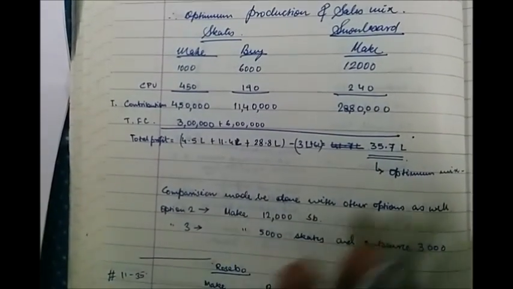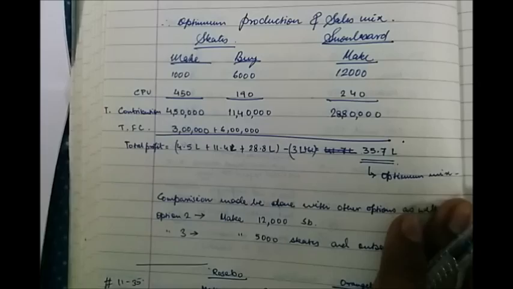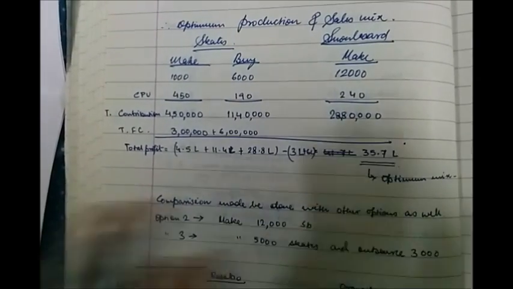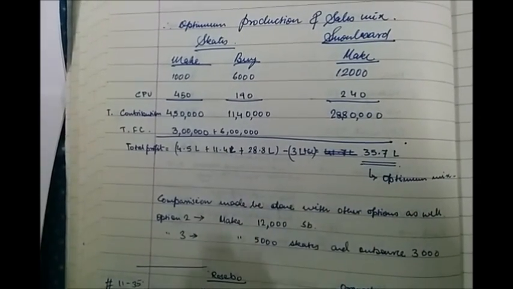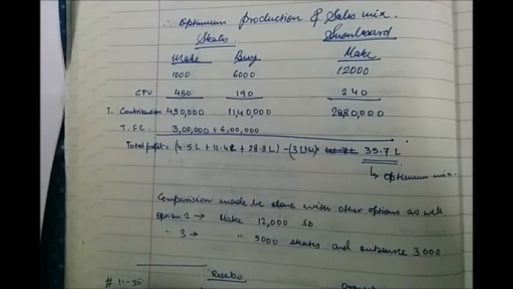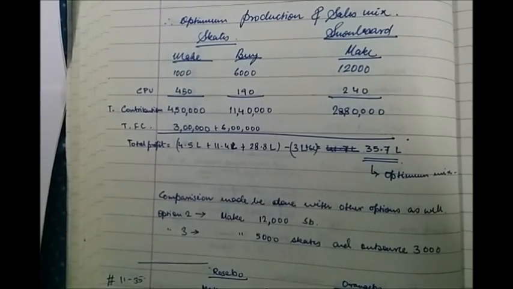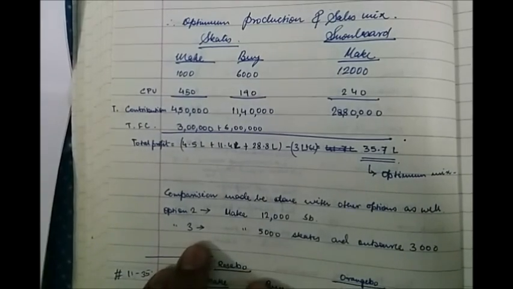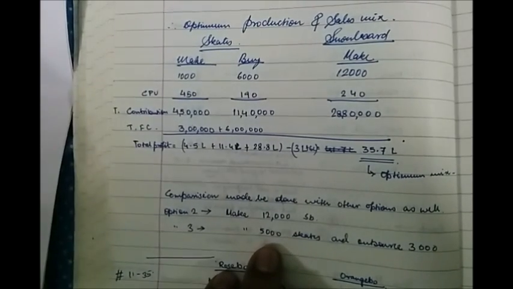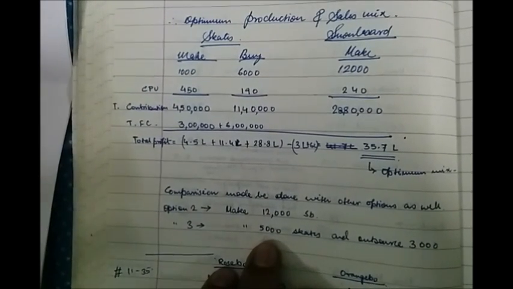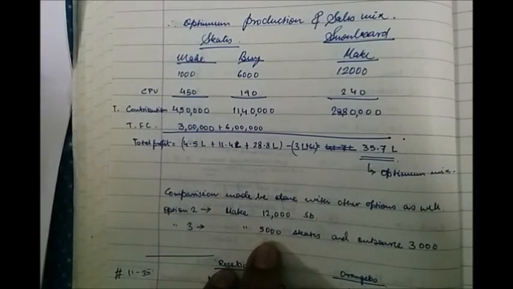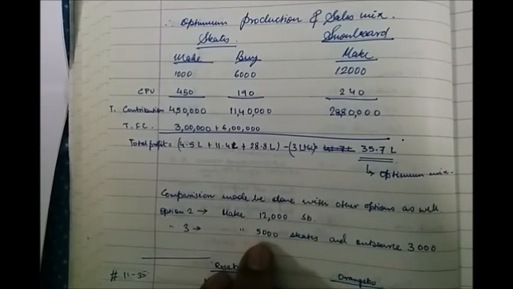Well, this is the optimum mix of the solution, which is our optimum. We can also make a comparison with other options as well. Like if the company thinks of manufacturing the skates first, and suppose it manufactures 5,000 skates, which is its total capacity in 7,500 machine hours, we can use that.